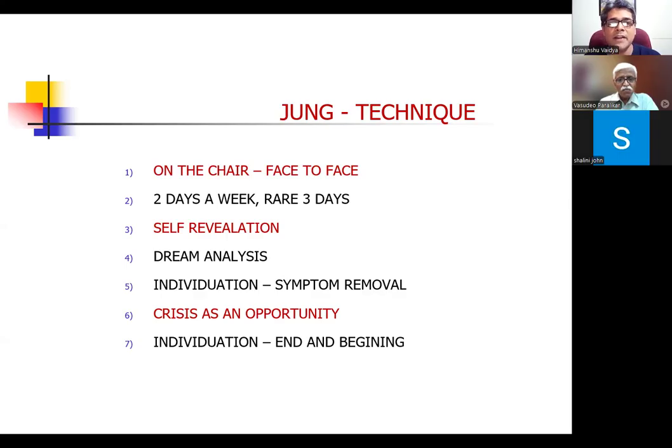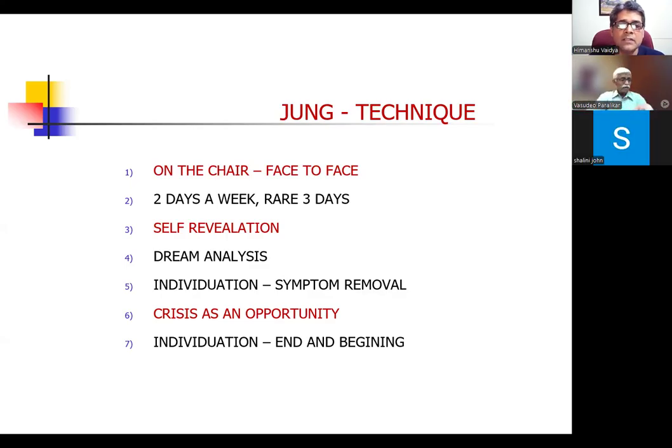Okay, Jungian technique. Contrary to Freud's on the couch, this is on the chair, face to face. Contrary to Freud's 5 days a week, usually it is 2 days a week, in some cases 3 days.